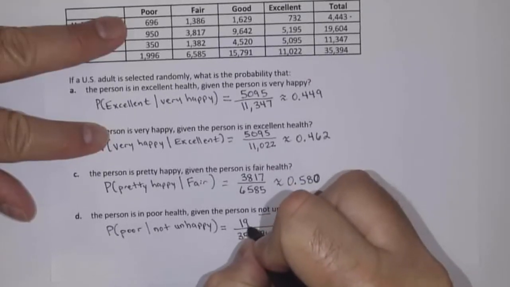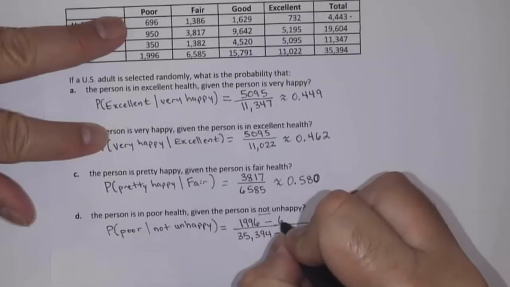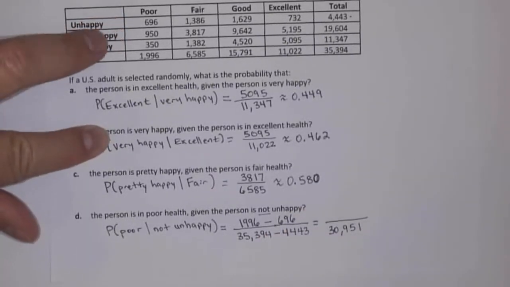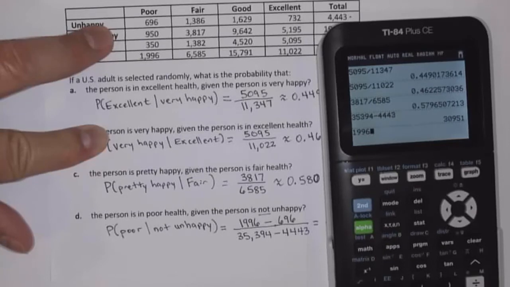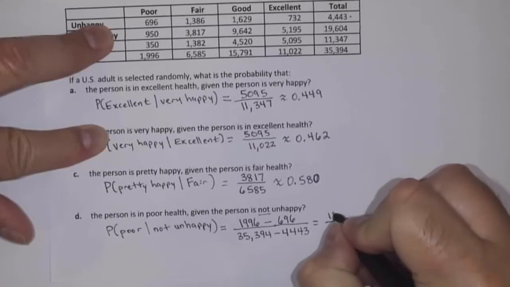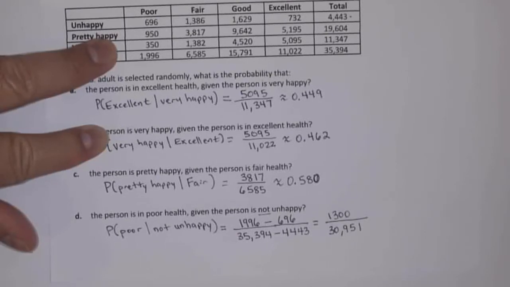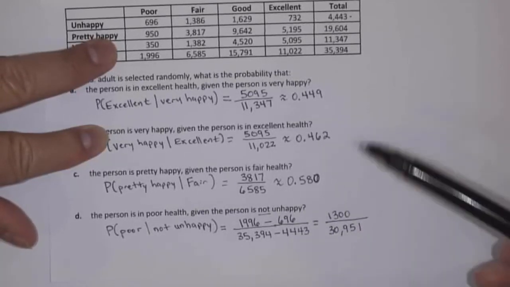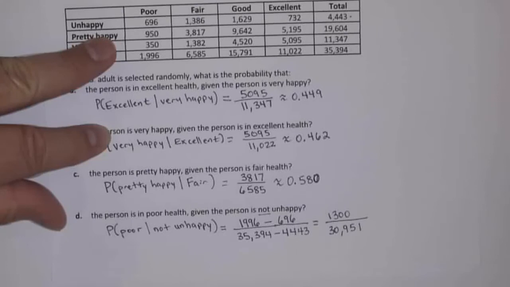I can take the 1,996, that's the total number of individuals in poor health, and subtract off the 696 individuals who are unhappy. 1,996 minus 696 is 1,300. So there are 1,300 individuals who are in both poor health and not unhappy out of the 30,951 individuals who are not unhappy. Now again, this 1,300 we could have also found by adding the 950 and the 350. So that's a second option for us.